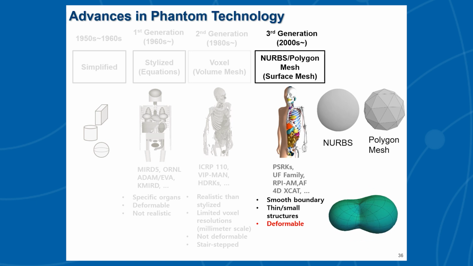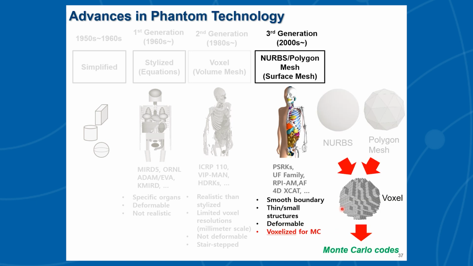However, most of the existing surface phantoms unfortunately need to be voxelized for the Monte Carlo dose calculations. This means that it is going back to the voxel phantom, so we lose the advantages of the surface phantoms.